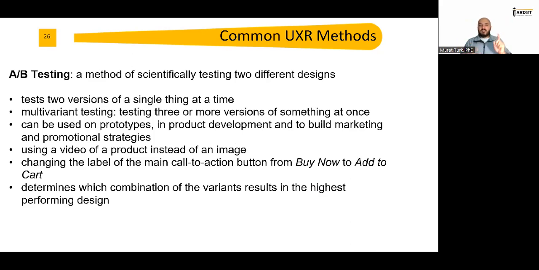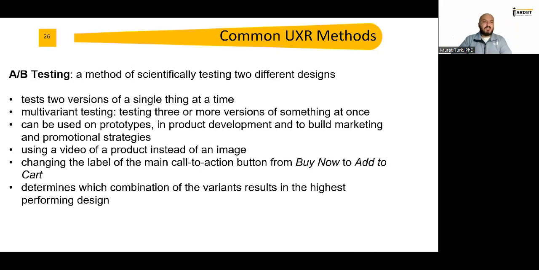You are asking, is this button more effective when it's red or when it's yellow, okay? Or if it's a multivariant test, then there are 3 or more versions that you are testing at once. So you are asking yourself, is this button more effective when it's green or white or blue or red? Okay, so you are comparing different versions.